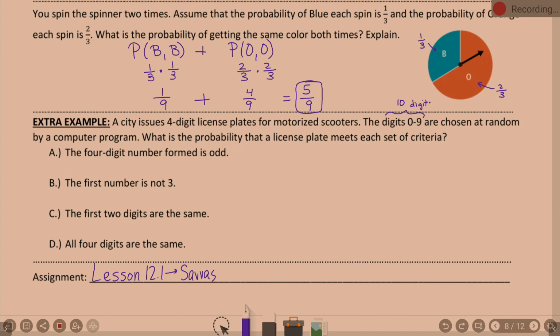Okay? Now, license plates. What can my license plates be? Your very first license plate, if we start with digit 0, could be what? 0, 0, 0, 0. All the way up to, what would the last license plate be?